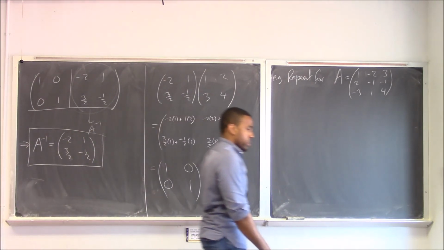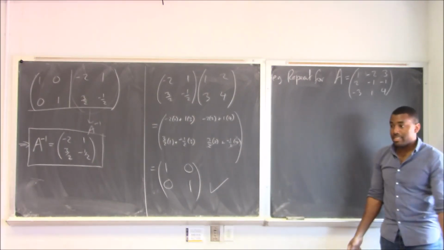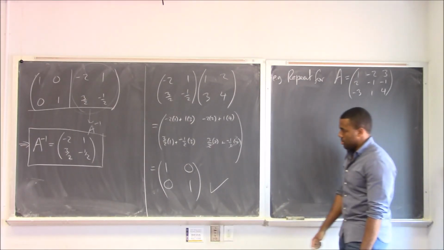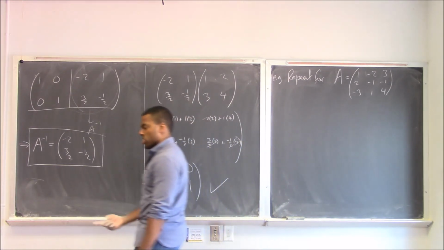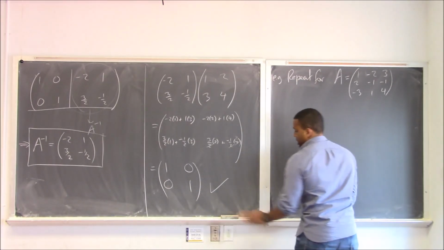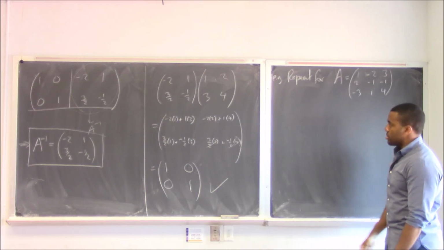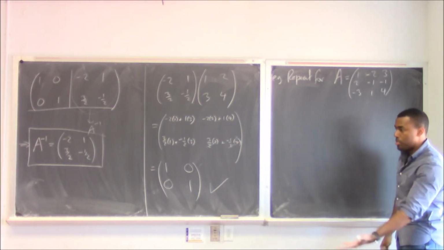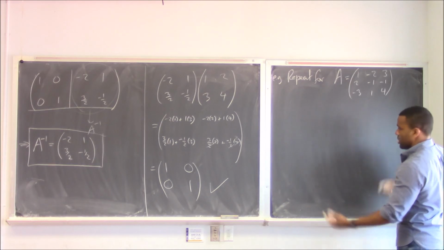So this is now 3 by 3, which you don't have a nice little neat formula for, so let's actually just do it by row reduction. We'll learn another method next time. And in general, I don't care which method you use, so if you like the row reduction method, do the row reduction method. If you don't, you can do the other one.